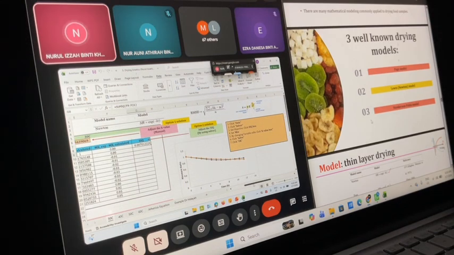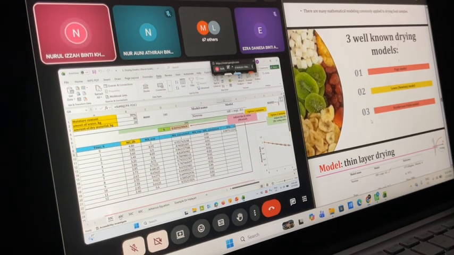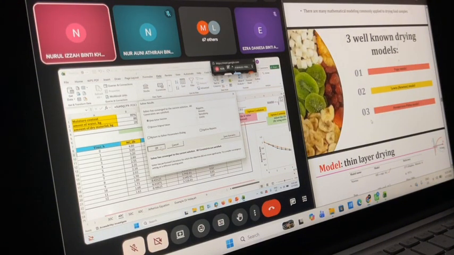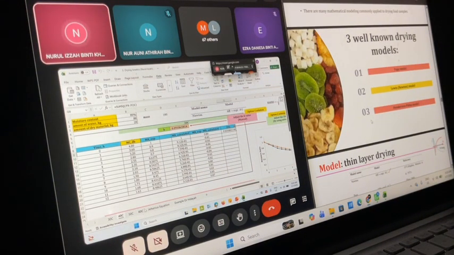And then you have to repeat the same process for each temperature: 30, 40, 50, 60. You can see here that we have a solver, and then we set it. We will change it.